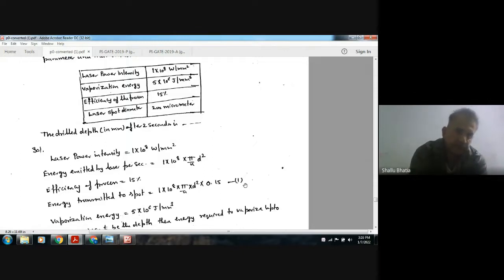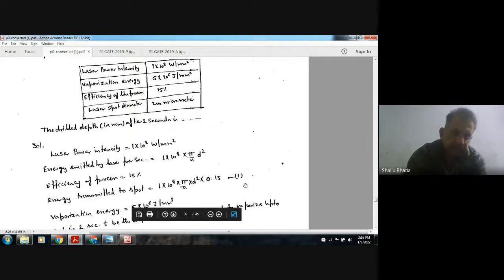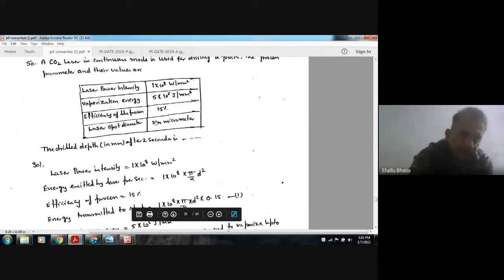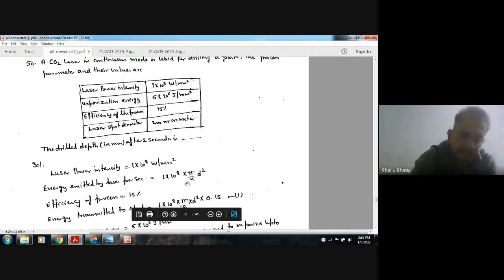The drilled depth in mm after 2 seconds is asked. Given that the laser power intensity is in watt per mm square, the energy emitted by the laser is the intensity into area, where the area comes from the diameter.